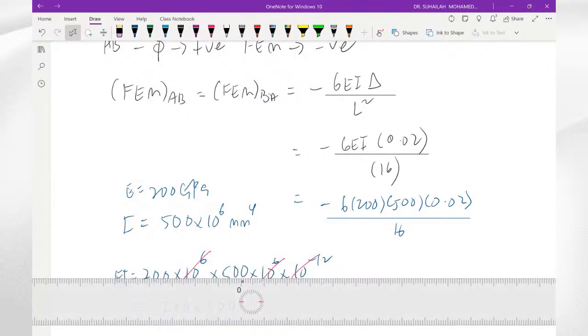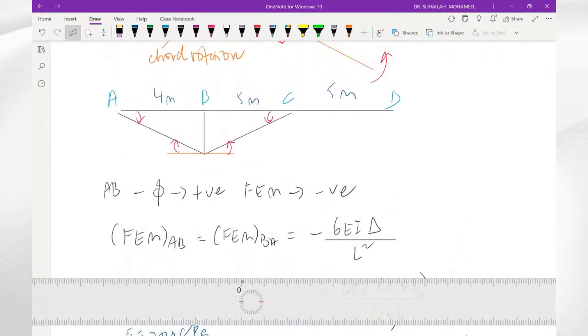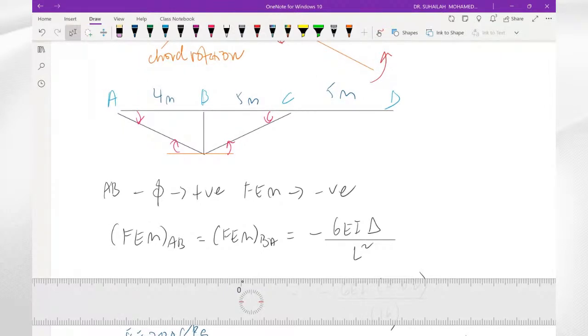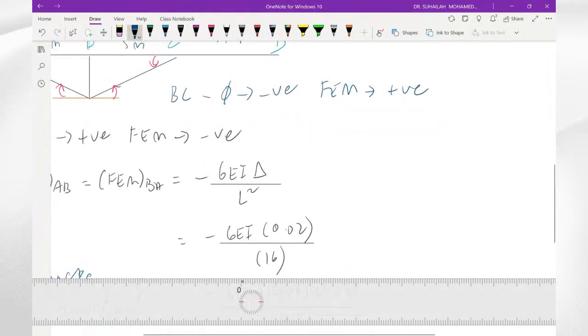Solve this, then we get the answer. What about BC? Let's check BC. The angle is negative. When the angle is negative, FEM must be positive. That's the behavior.